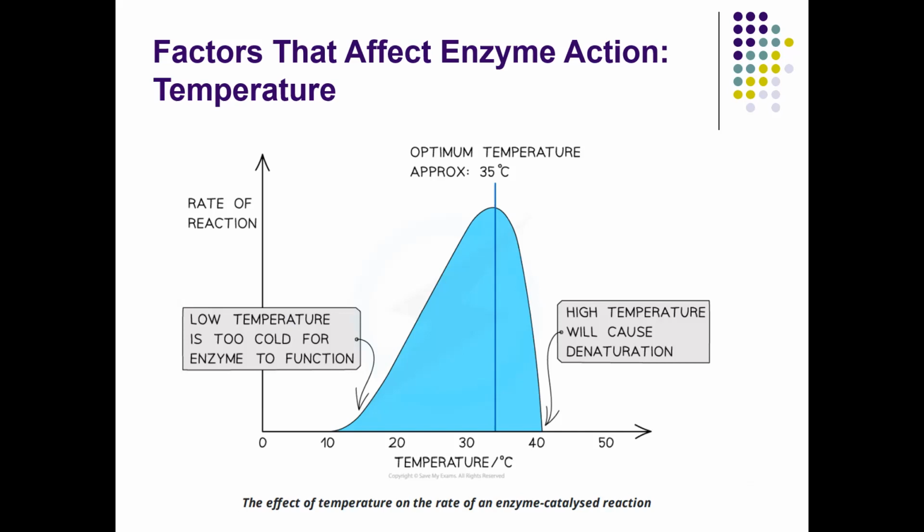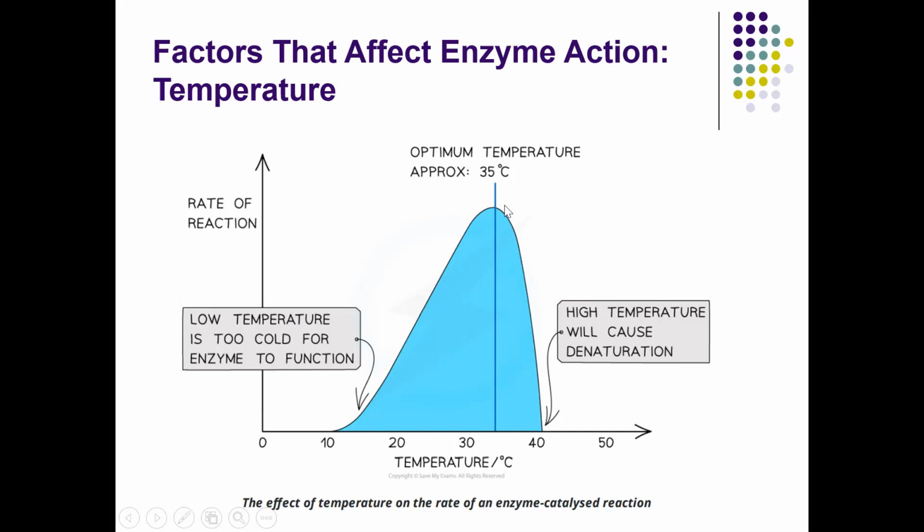When they vibrate at high speed and with high energy, they reach the point where the bonding between the atoms in the enzyme itself can break. So when the bonding between the atoms in the enzyme breaks, the enzyme changes shape.